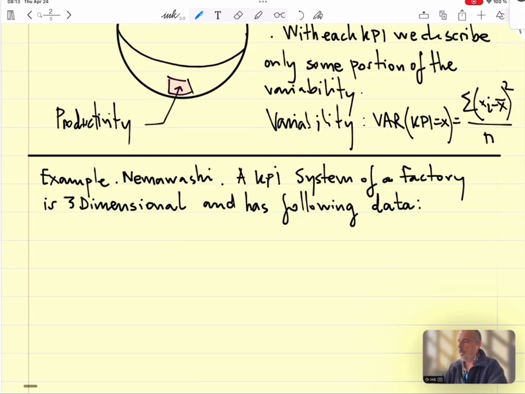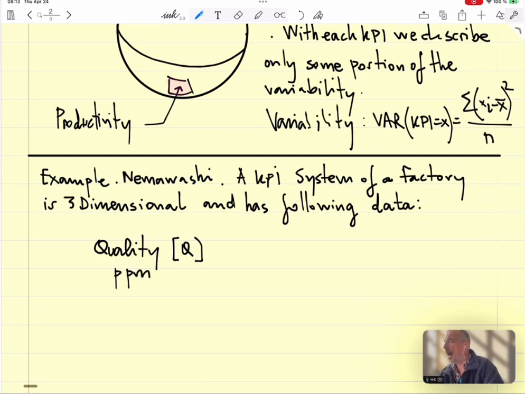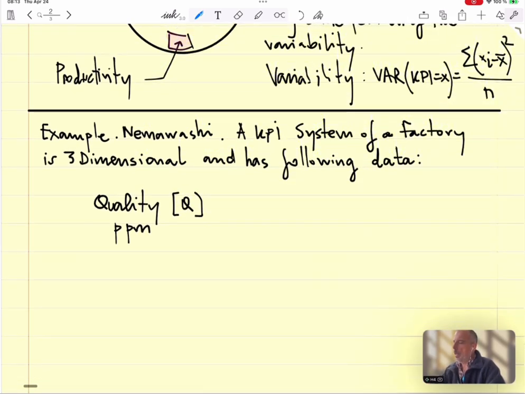Let's say we have quality. We measure quality, Q, like parts per million. This means the number of bad parts for every million parts produced. Then we have the delivery rate: how many deliveries are correct in percentage.